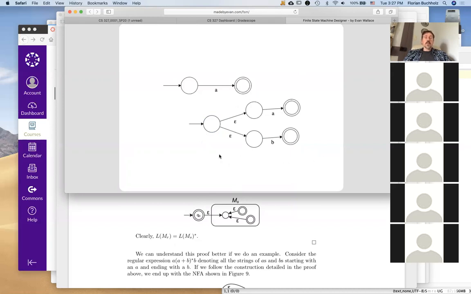It's getting a little complicated. So if you just follow the scheme by the letter, then we now need transitions from this start state back here, like that, and like that.